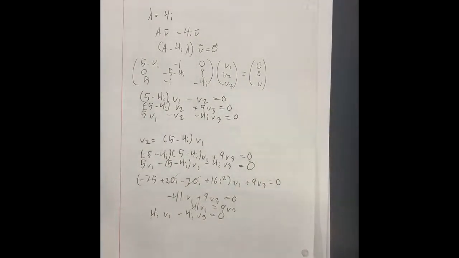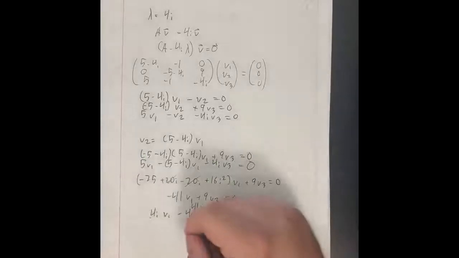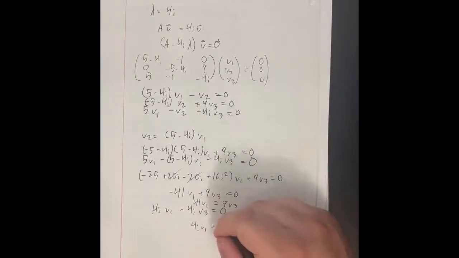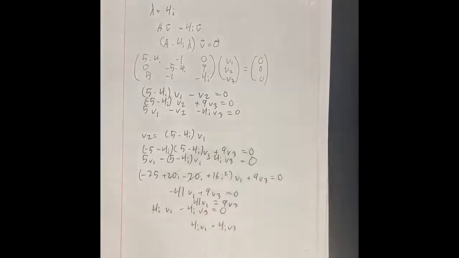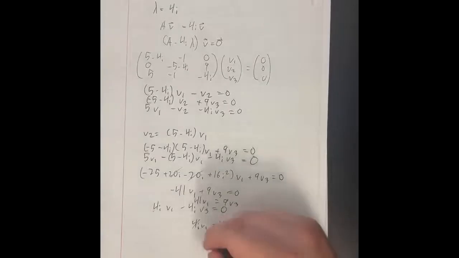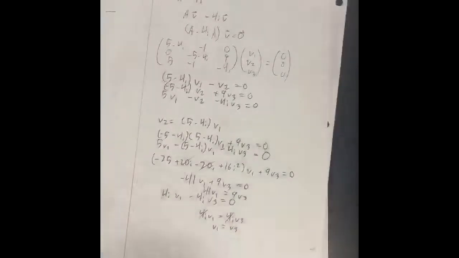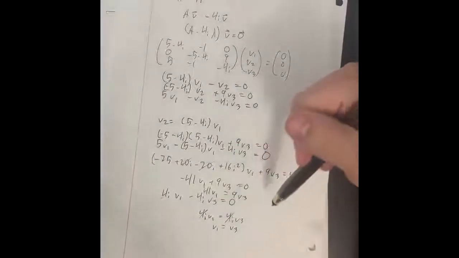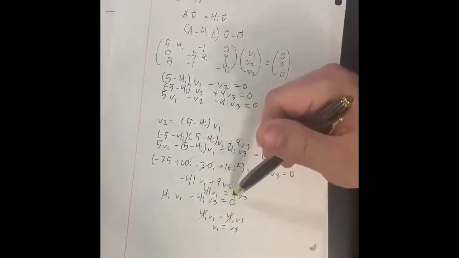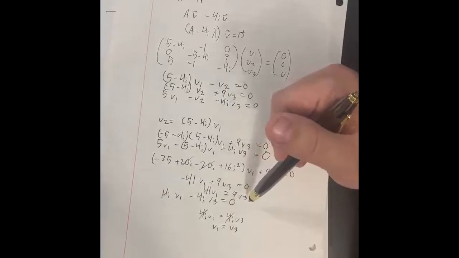So something interesting happened. I think I made a mistake somewhere. So we see here that this is 4i v1 equals 4i v3. And if you cancel those out, the 4i's, we see that v1 should be equal to v3. But that's clearly it shouldn't work because of this equation right here. It says 41 v1 should equal 9 v3.